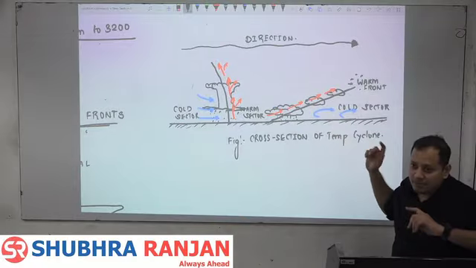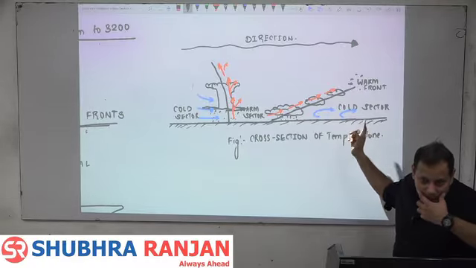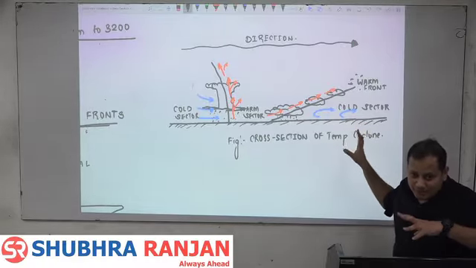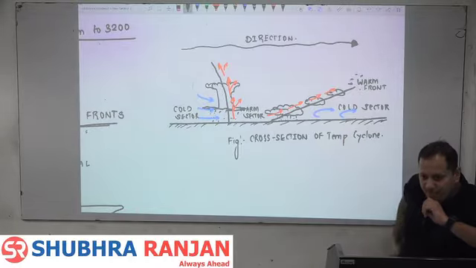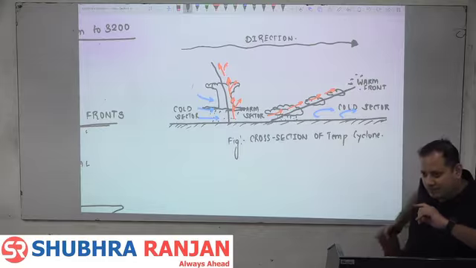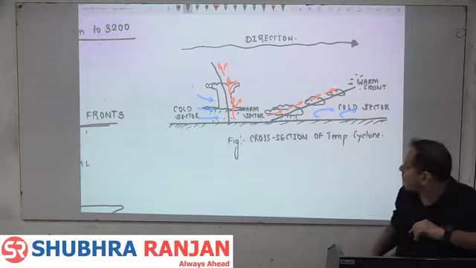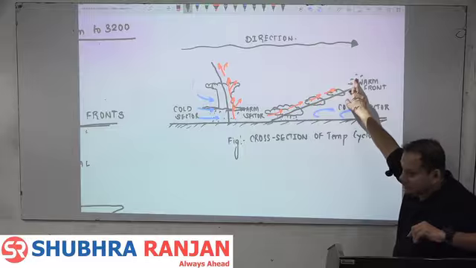Try to make this diagram because it is not in books, not in Indian books. So this is a very new diagram, a very good diagram. Most of your competition won't be making this diagram. Alto, cirro, cirrus.